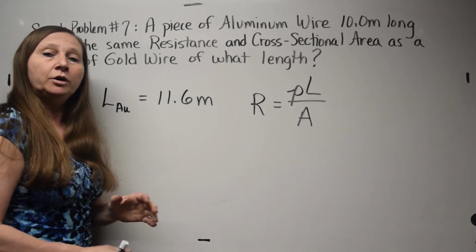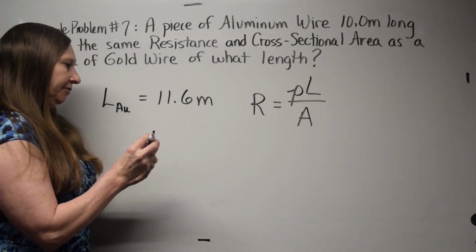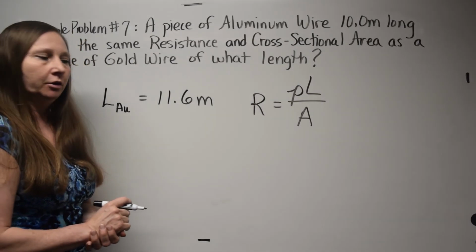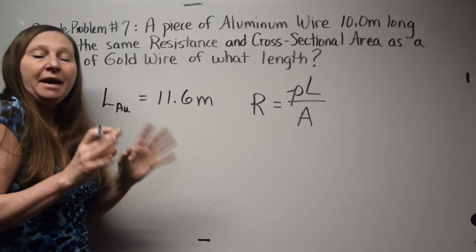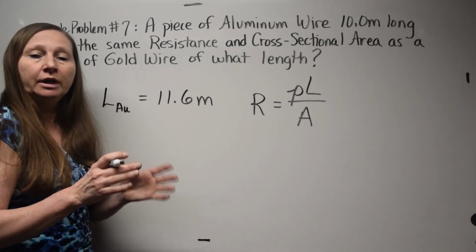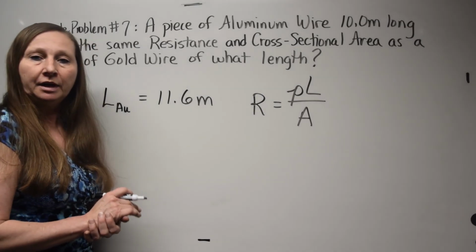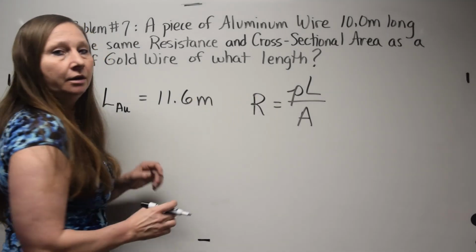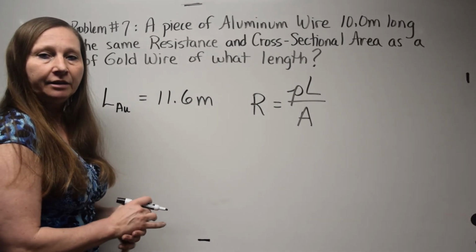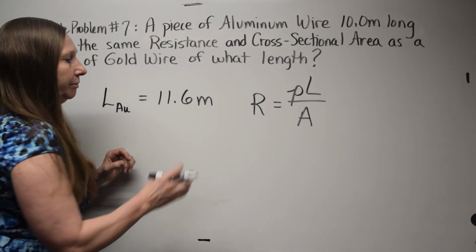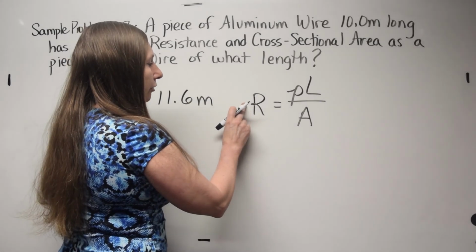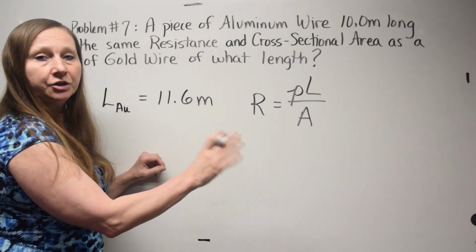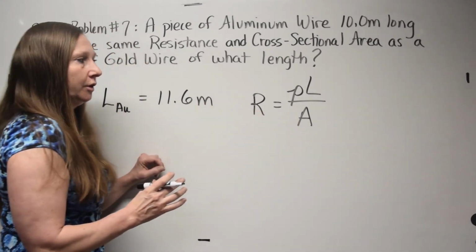Now, just one quick little check if our 11.6 meter answer makes basic sense. We're just going to look at whether there's a direct or an inverse relationship between resistivity and length. Now, we know that we want the resistance and the cross-sectional area to stay the same, so we're not going to touch either of those.